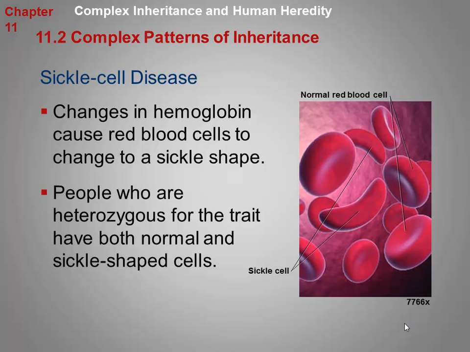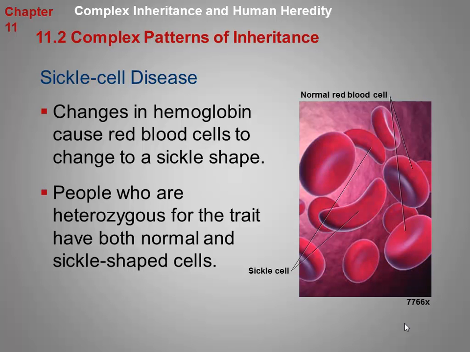Other examples of codominance would be if you breed, say, a black chicken with a white chicken, and you get a chicken with black and white feathers. That would be codominance. Both the traits are expressed. If you have a red cow and a white cow and you breed them and they have a mix of red and white hair, that is an example of codominance.